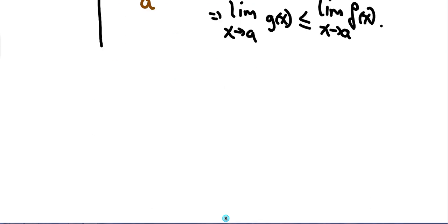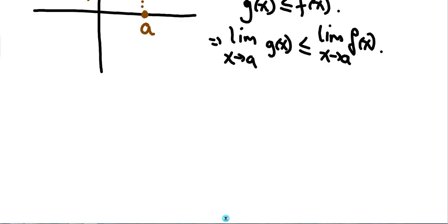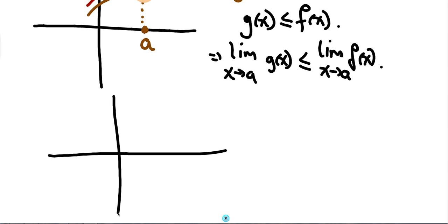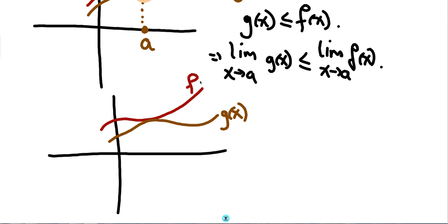If we squeeze f of x and g of x together at that point, then f of x and g of x will look something like this. This is, say, your f of x, and this will be, say, your g of x. So we have squeezed the functions together at the point x equals a.